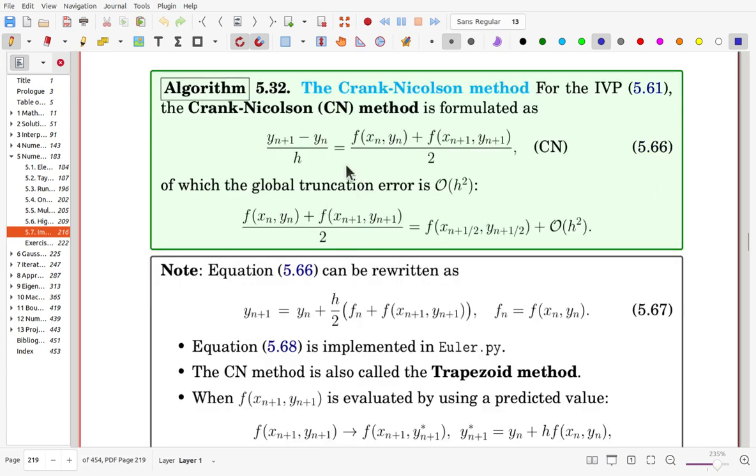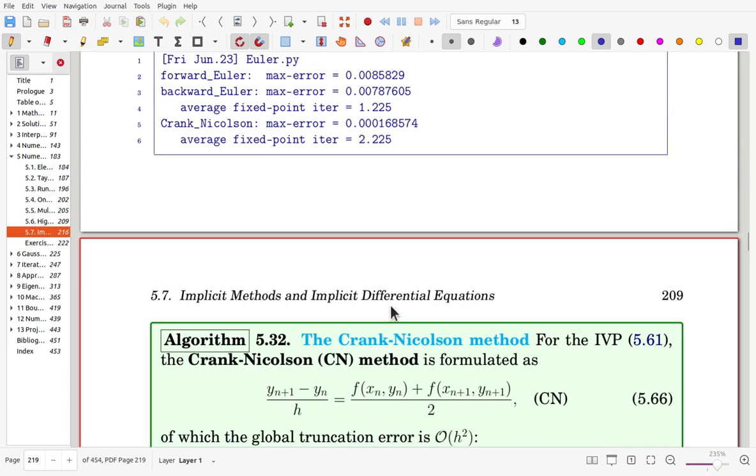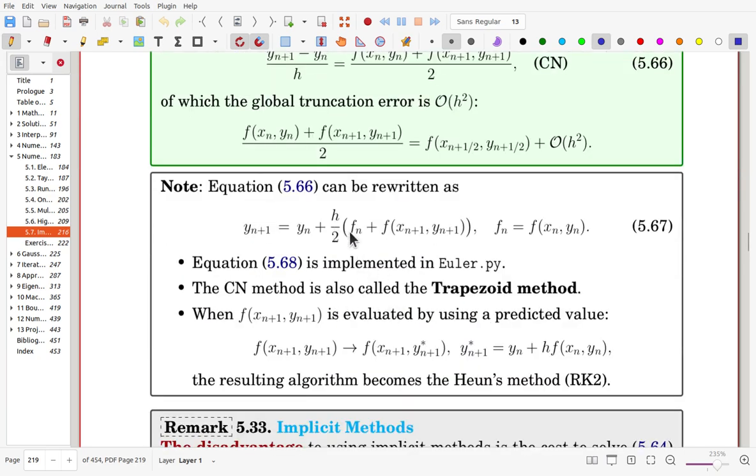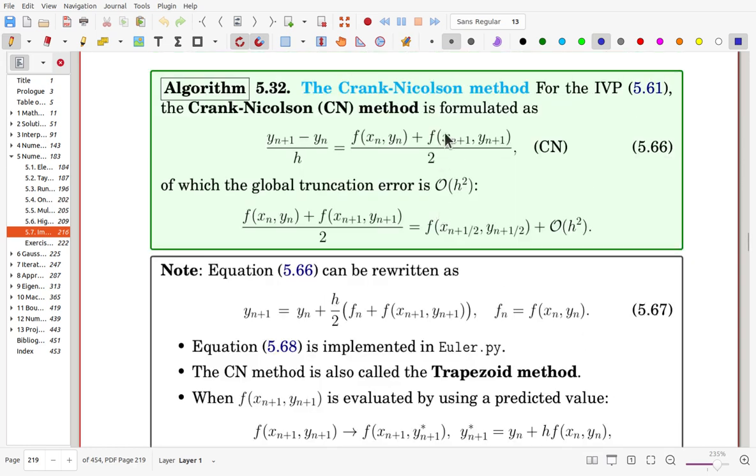Okay, now this one can be rewritten in this way. Now that formula is implemented in the program. Okay, now in the program the F_n is defined to be that one. The Crank-Nicolson method is also the trapezoidal method, and once the value is over there, that makes the method implicit.